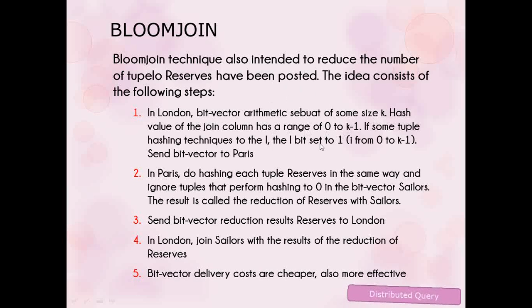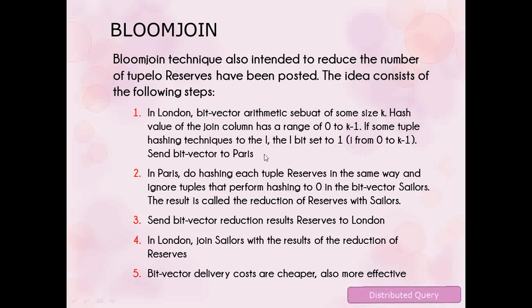If some tuple hashes to index i, the i-th bit is set to 1, with i from 0 to k minus 1.